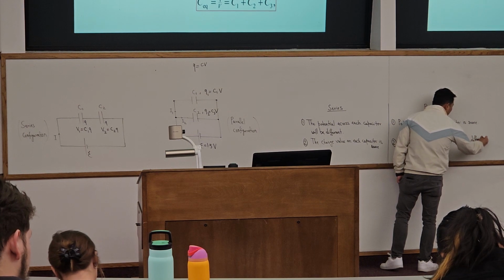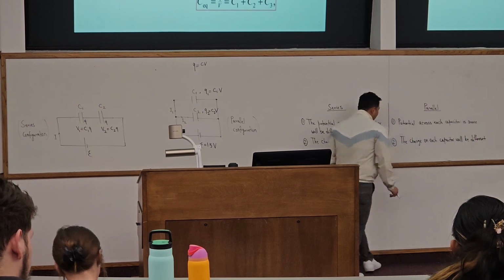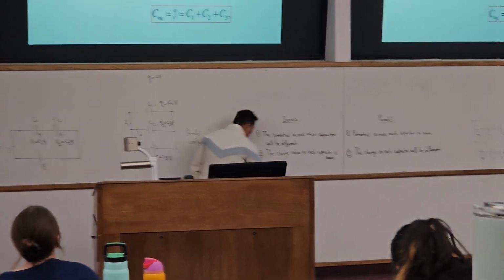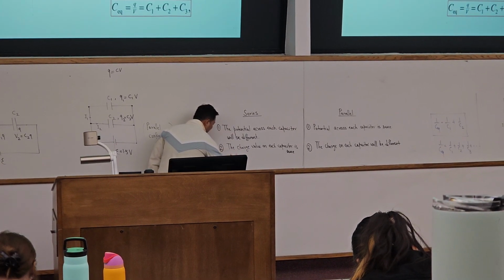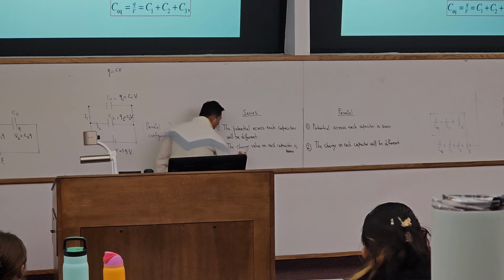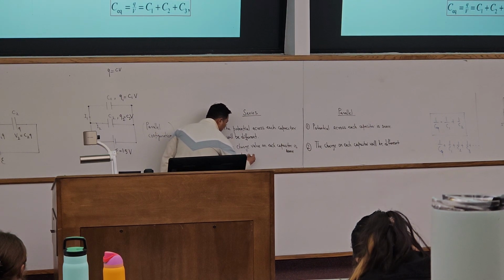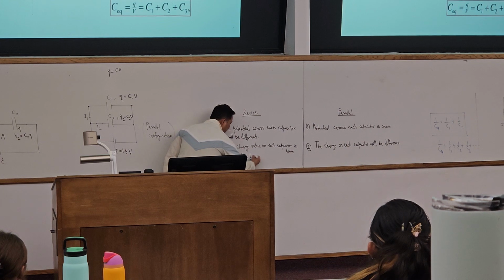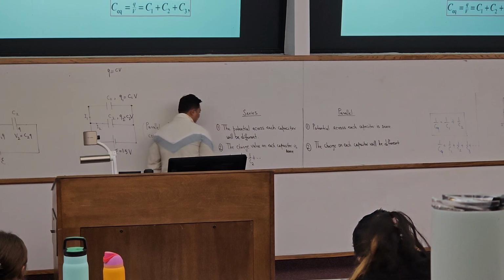And another important difference, which I can derive later on. There is no way that I just leave without derivation. If I want to find the equivalent capacitance in series, you do 1 over C1 plus 1 over C2, and you keep on adding.